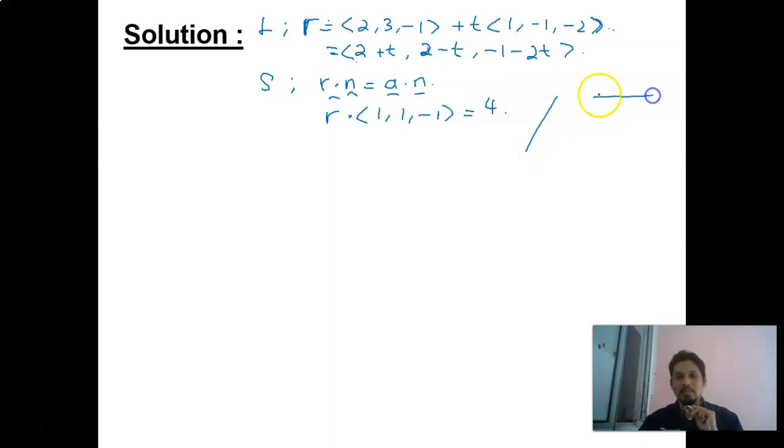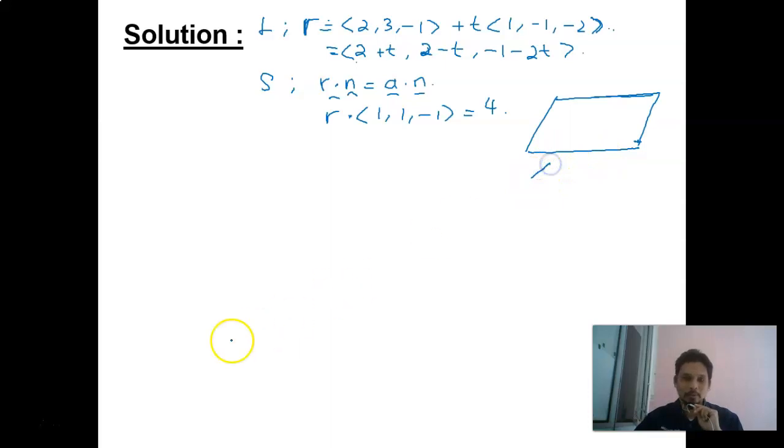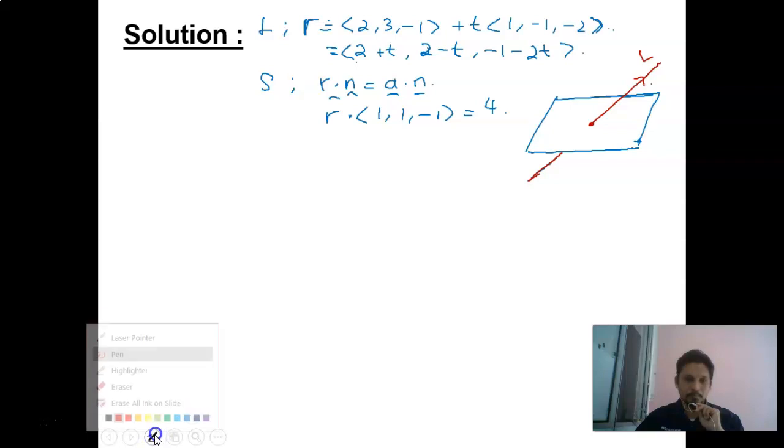So just imagine that this is a plane and there is a line from down here passing through this coordinate at the point A. So this is the L. Now class, this is the normal vector of the plane.